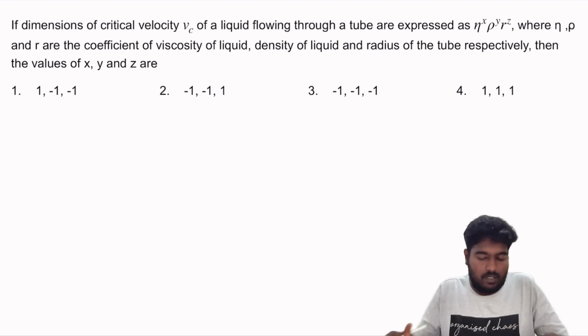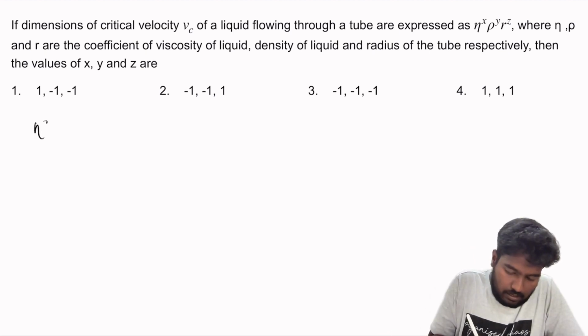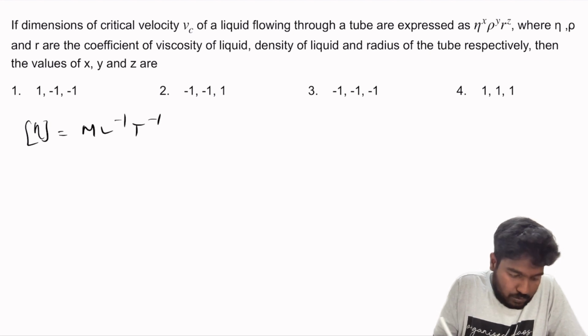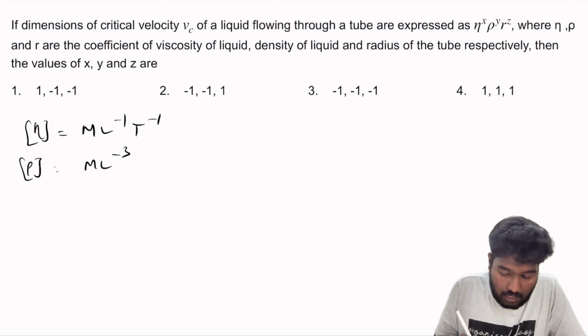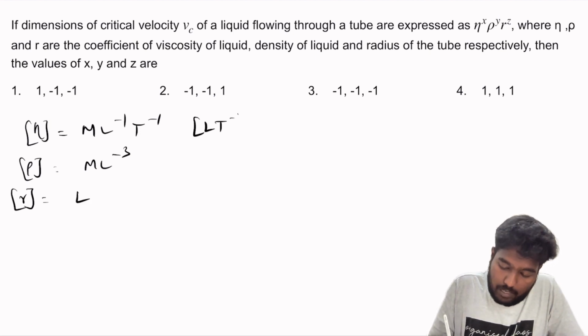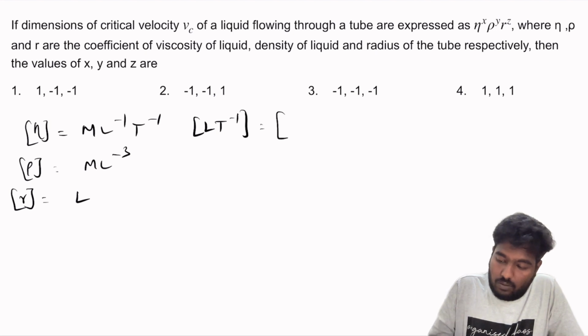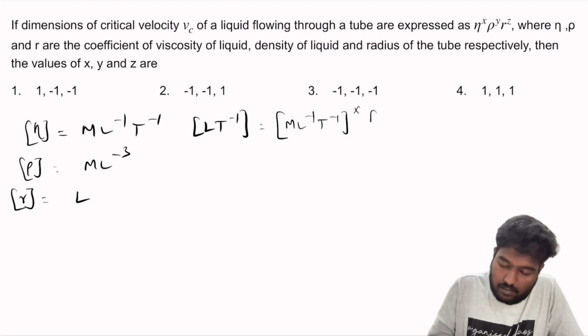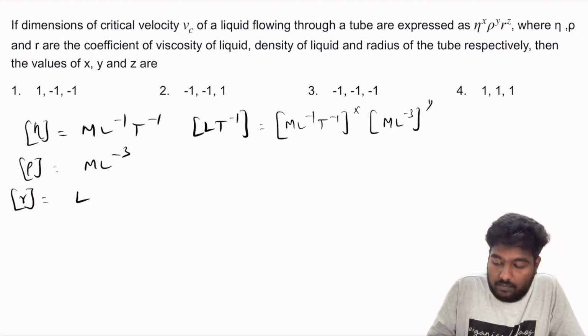We know that eta is M L^-1 T^-1, and density is M L^-3, and r is L. So L T^-1, which is critical velocity, must be equal to M L^-1 T^-1 to the power x, M L^-3 to the power y, L to the power z.